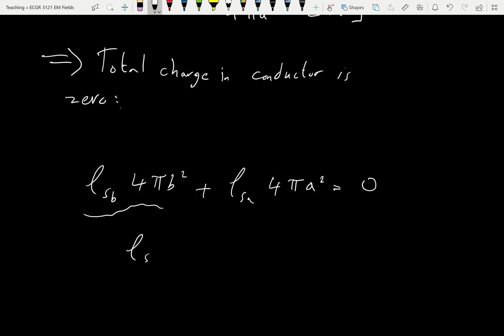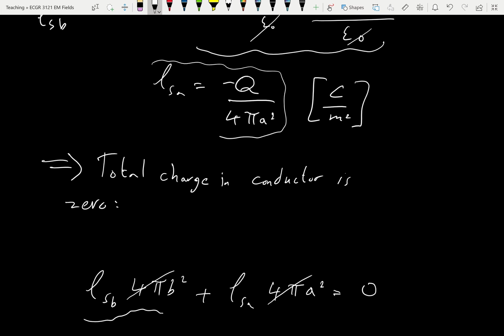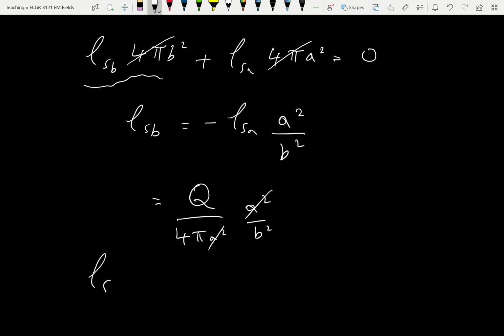So that tells me that rho SB equals what? Well, 4 pi cancels with 4 pi, right? So rho SB equals minus rho SA times A squared over B squared. But we already calculated rho SA here, right? It's minus Q over 4 pi A squared. So this becomes Q over 4 pi A squared, times A squared over B squared. A squared cancels, and we end up with rho SB equals Q over 4 pi B squared.